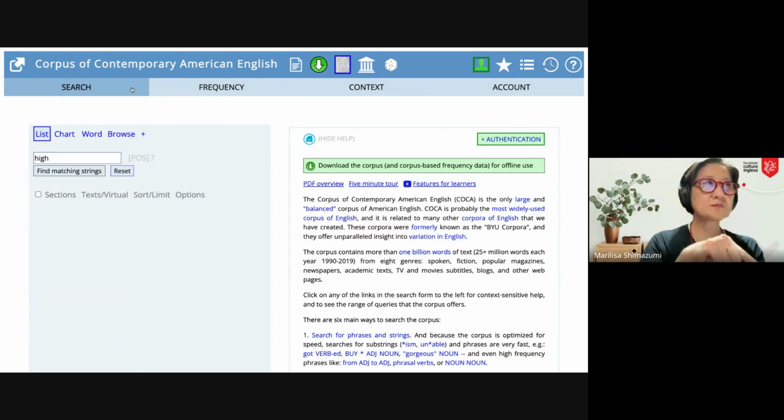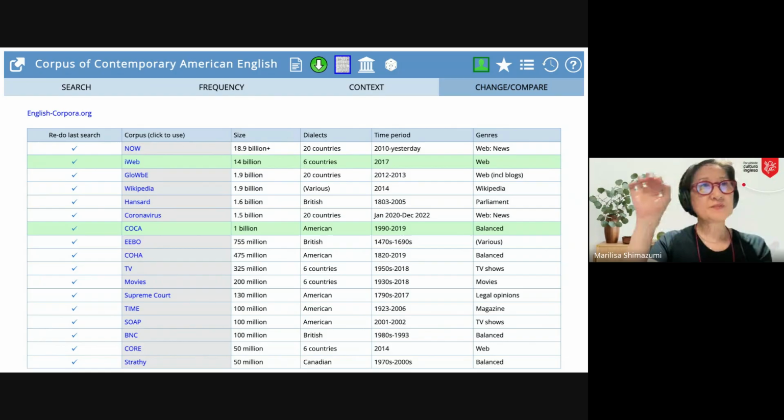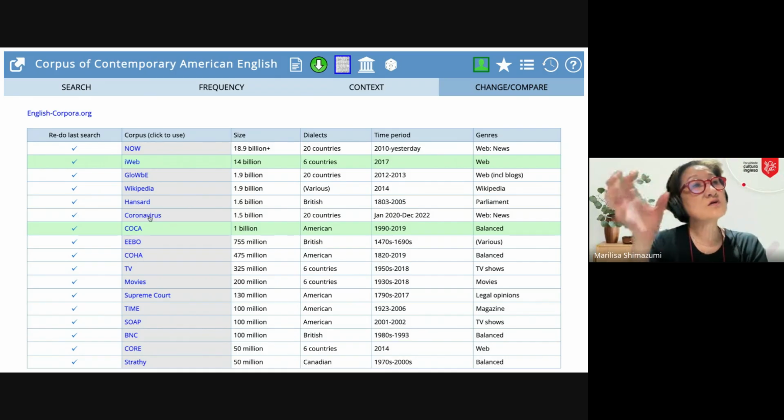Coca stands for Corpus of Contemporary American English. And in here, you can also have access to different types of corpus. Okay, so you have, plural now, corpora: the NOW, the News on the Web, the iWeb, the GloWbE, Global English, Wikipedia. Hansard is legal English, the Coronavirus corpus. So everything that was published, you can see here the genre, the news about coronavirus in 20 English-speaking countries, okay?